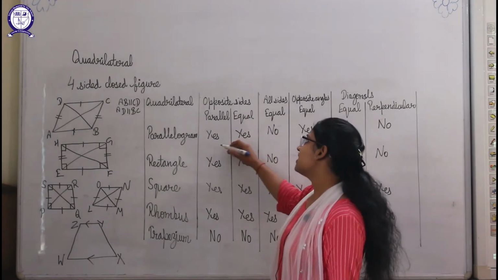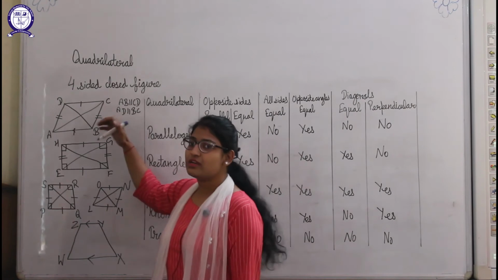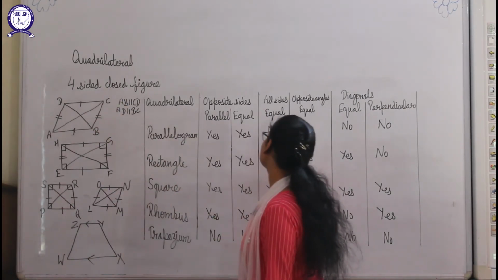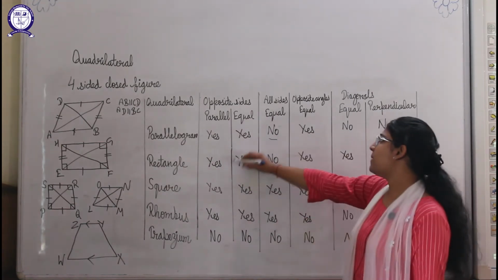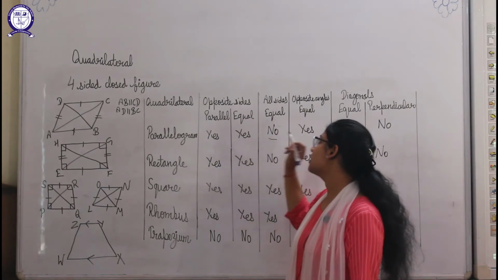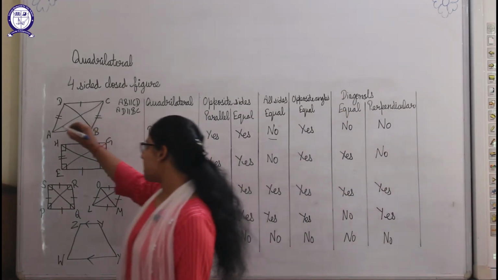So opposite sides are parallel and equal. Now, are all sides equal or not? In a parallelogram, only opposite sides are equal, not all the sides. Now, are opposite angles equal or not? What are the opposite angles, students?